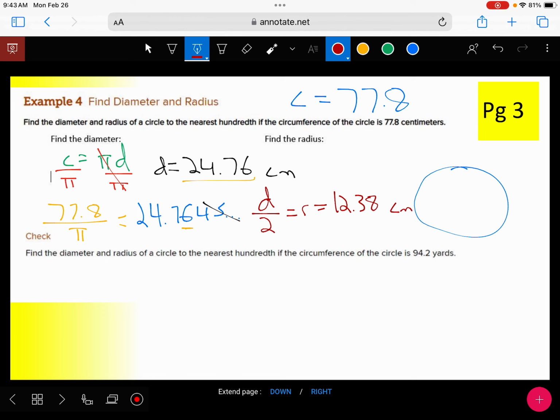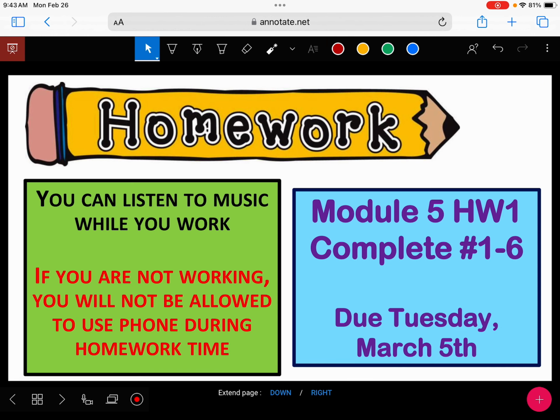That's what we're going to leave off today. Miss Bryant just passed out the first homework for Module 5. Miss Bryant, what's the due date on that homework? All right, this is due Tuesday.